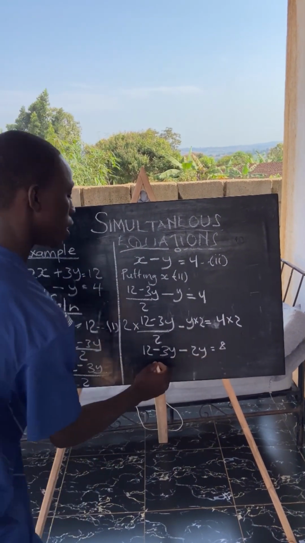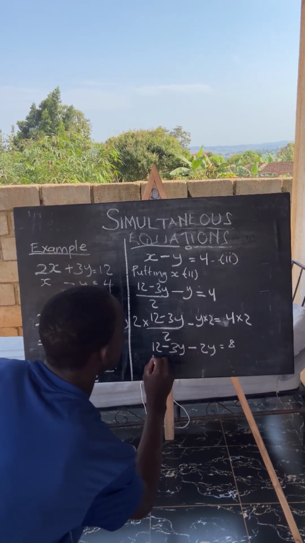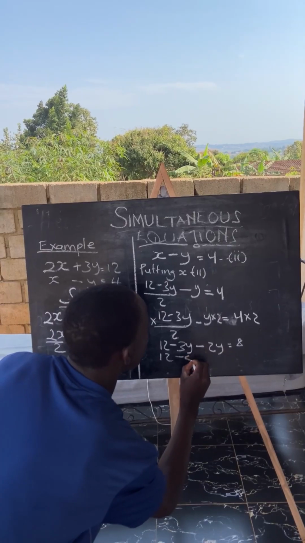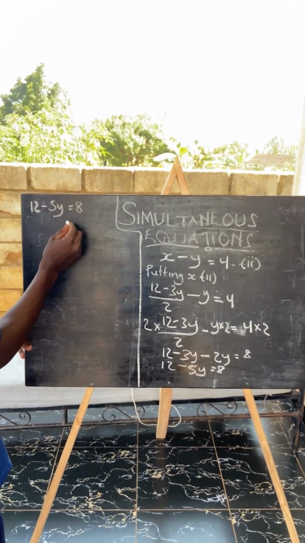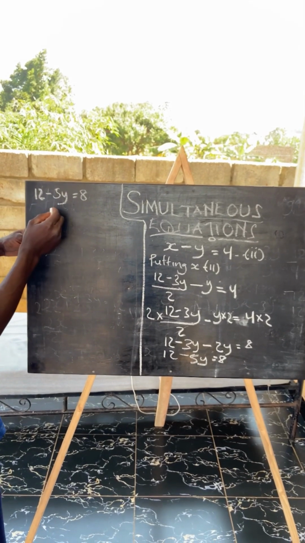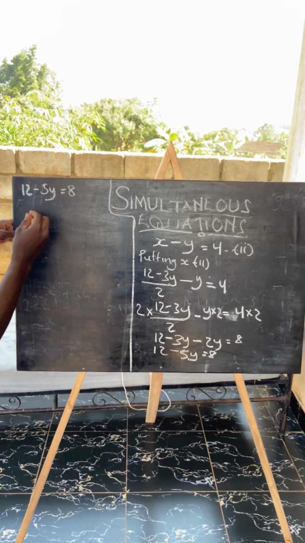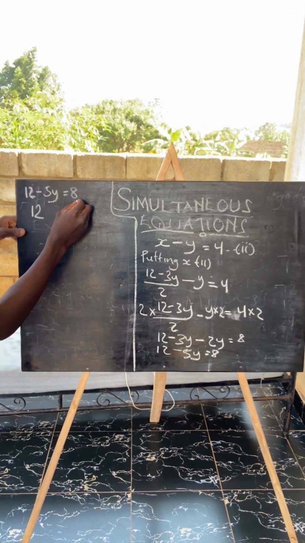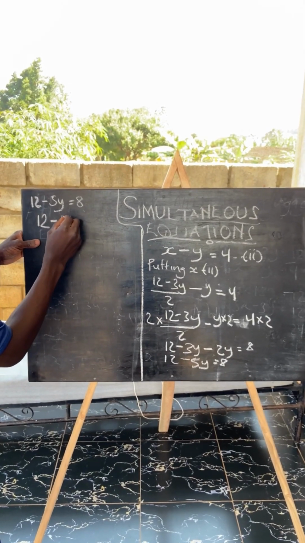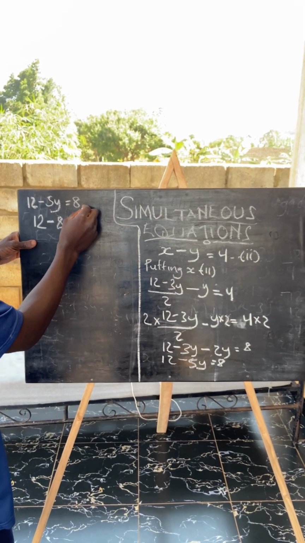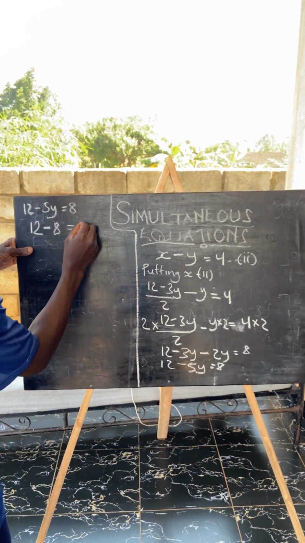So minus 3y minus 2y will get a negative 5y. So it's 12 minus 5y, which will equal to 8. So we are going to obtain our y. We can either take our 5 here and 8 comes this side. Let's do that one. If our 8 comes this side, it will be negative 8. So our 5 will come this way to equate it to 5y.